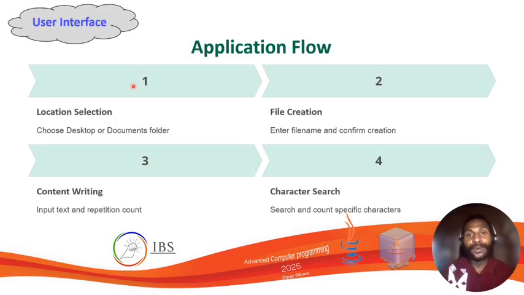Application flow: we have 4 points here. Here is the summary of how the program runs. The user chooses a folder, names the file, writes contents, and finally searches for character occurrences within the document. We have the 4 points here, as you can see: location selection, content writing, file creation, and character search.